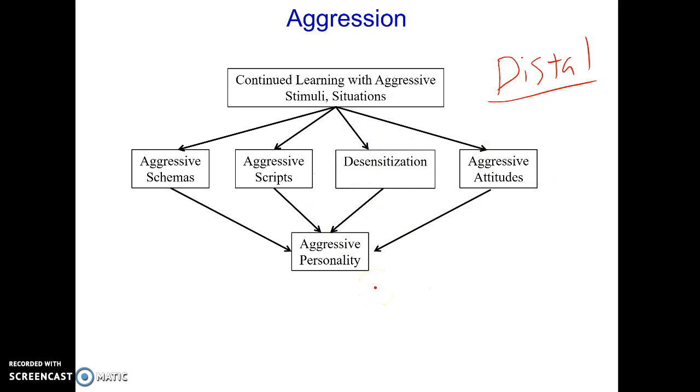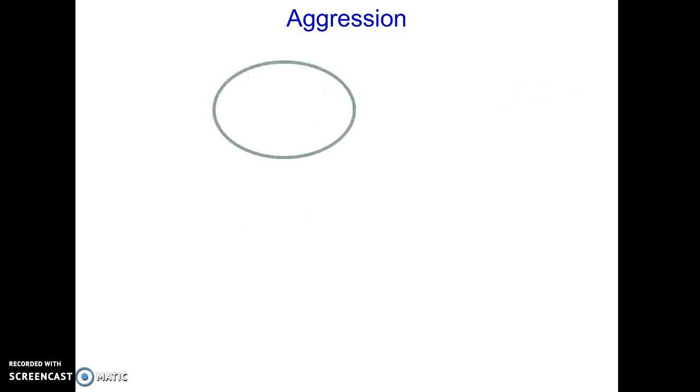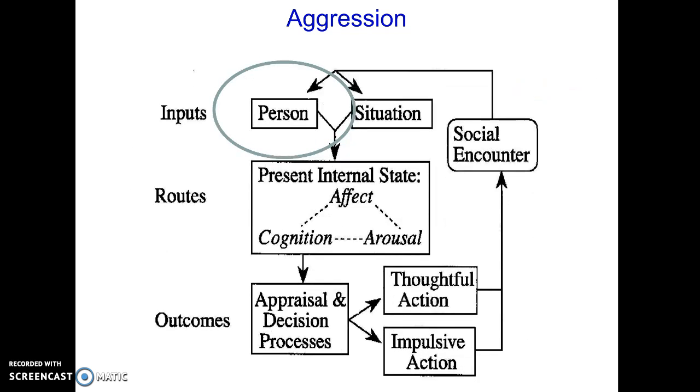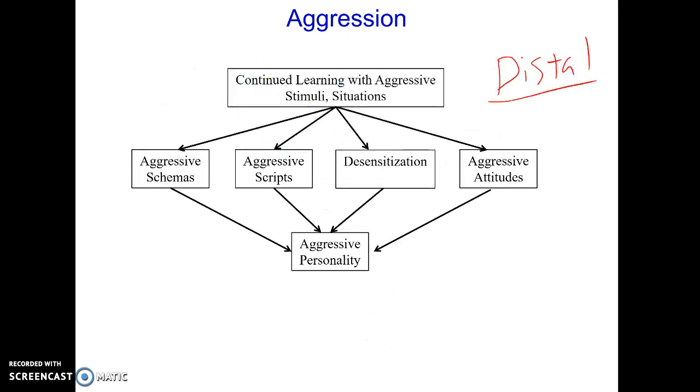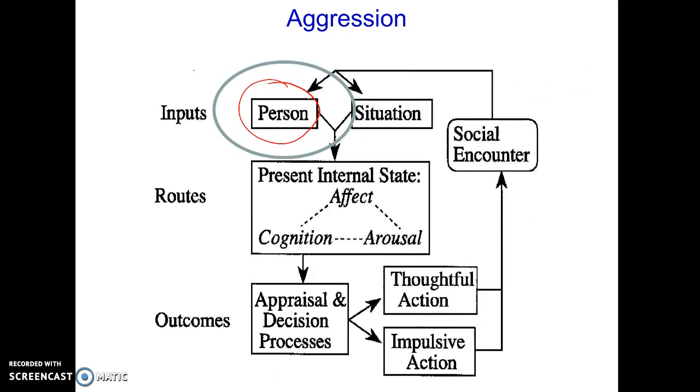Now, what's cool about this is the general aggression model links. We have a distal piece right here, but we also have a proximate piece, the piece I just showed you. And the first place this links is going to be here at the person. Your aggressive personality that gets formed as a result of these pictures here, that is you. That is your personality. That's what you bring to the lab. And so that's going to fit right there. The second place is not drawn on here, but it's going to be the learning.